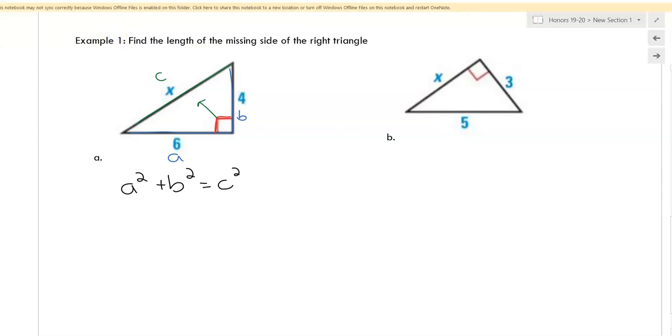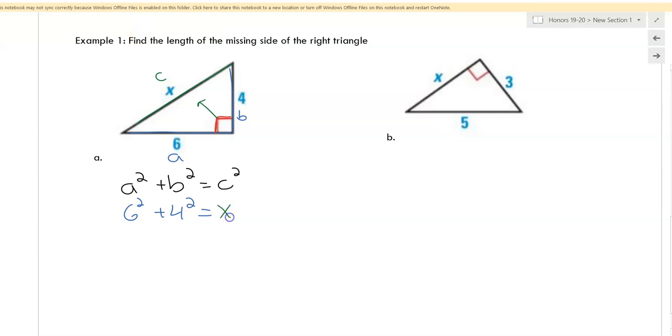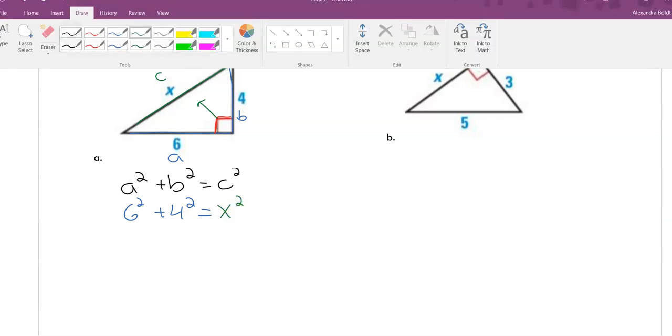A and B are 6 and 4, and then C is just X.